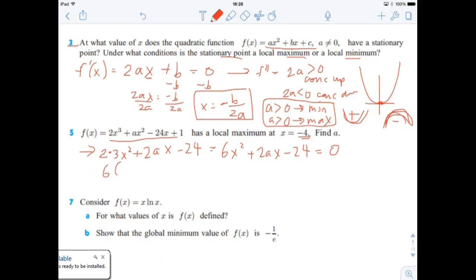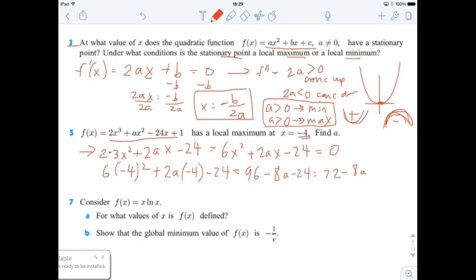So we're going to put x equals negative 4 in here. 2a times negative 4 minus 24. And we're going to simplify that. We're going to get 6 times 16, which is 96. And then minus 8a minus 24. 96 minus 24 is 72 minus 8a.